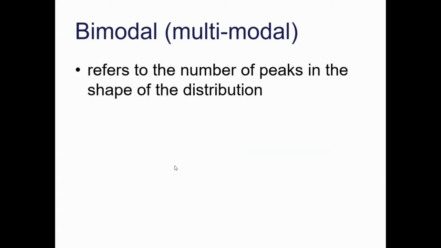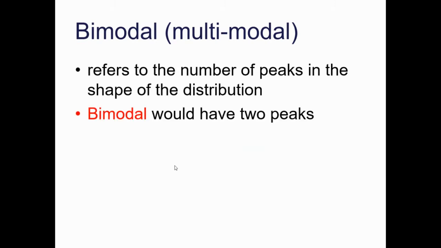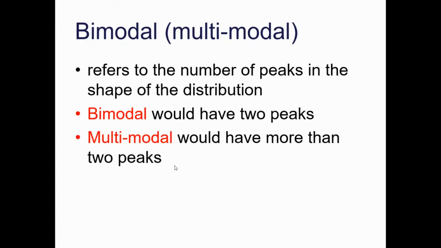Modality refers to the number of peaks in the shape of the distribution. So we said unimodal meant 1 peak, bimodal meant 2 peaks, and multimodal means it has more than 2 peaks.